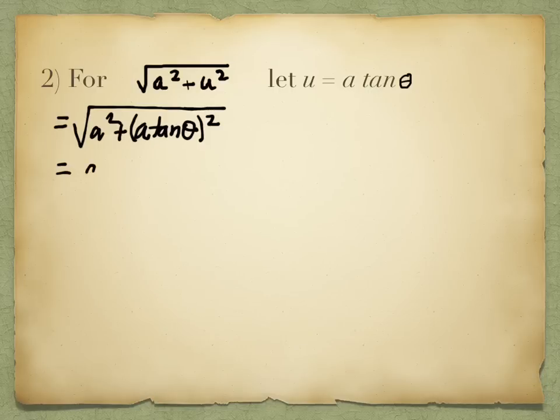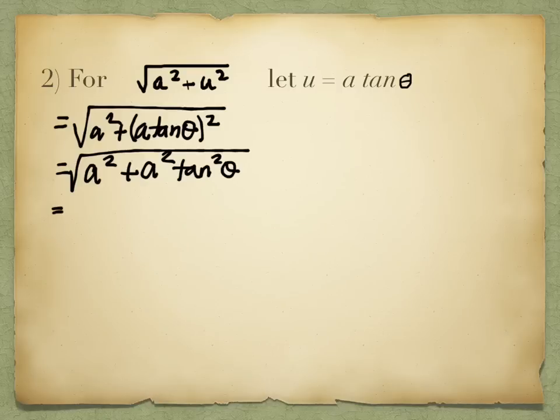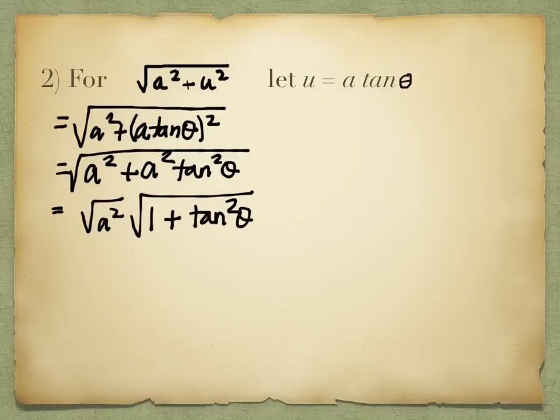So I end up getting a squared plus a squared tangent squared theta. I can pull the a squared out, and I'm left with 1 plus tangent squared. Now, I didn't show the in-between step on that one. I kind of just jumped over it, where I factored it out and split the square roots at the same time.